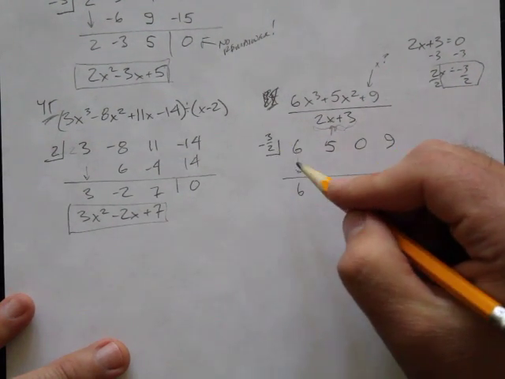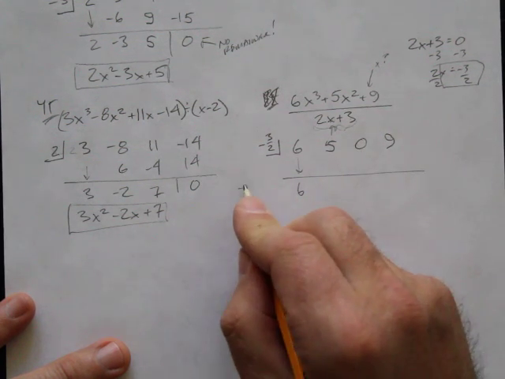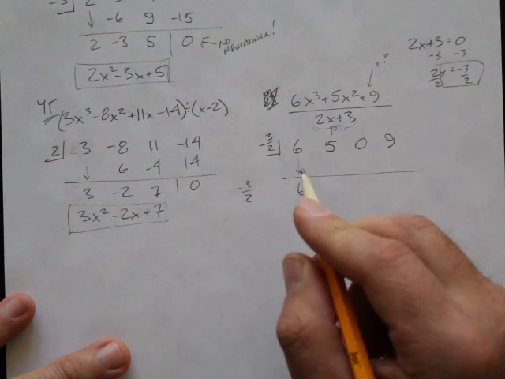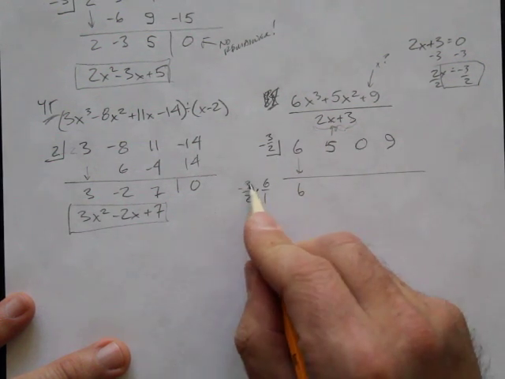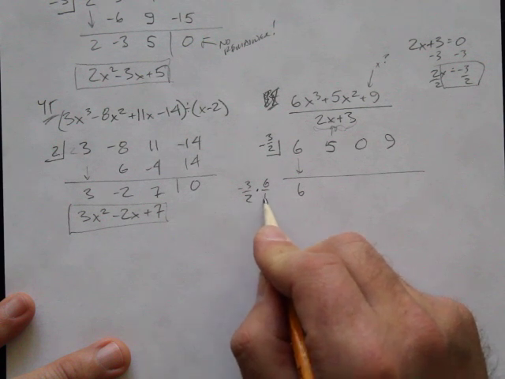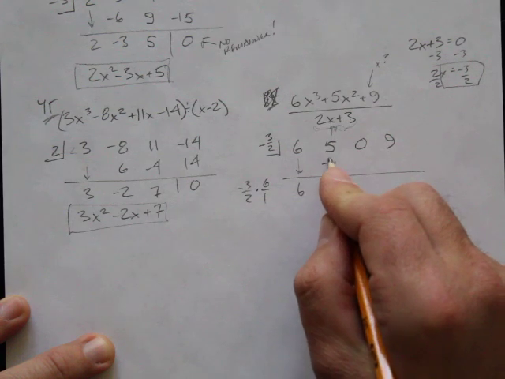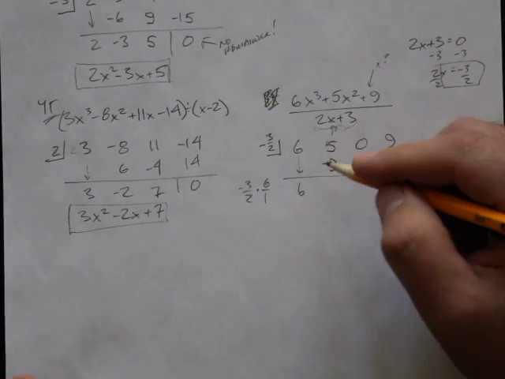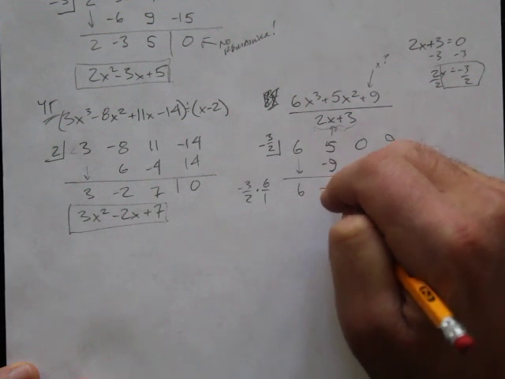Negative 3/2 times 6, that's 18 divided by 2. So that's negative 9. All right, 5 plus negative 9 is negative 4.